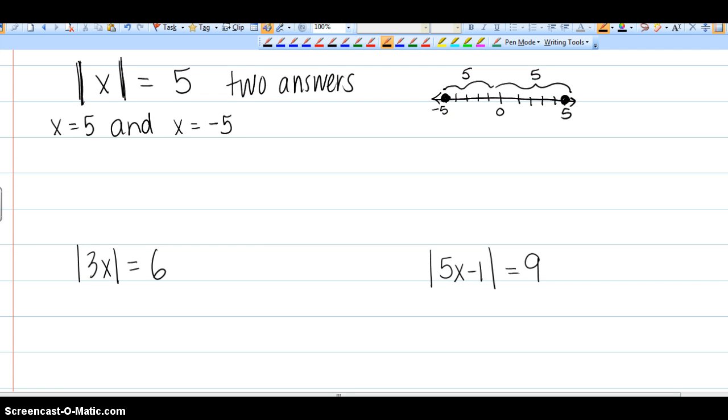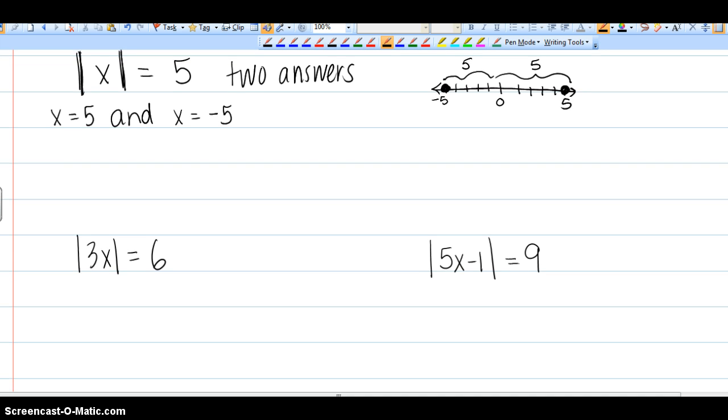We will see a few inequalities at the end here after we do a couple problems just to make sure we have the understanding of how an absolute value works, and we will always graph it. So if it's an equal to, your graph will just be two dots.